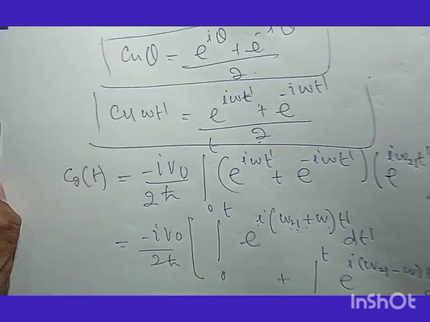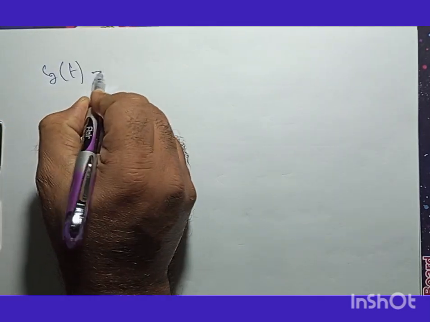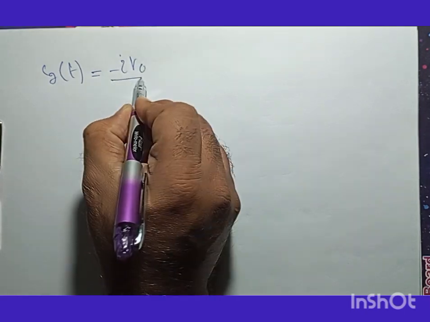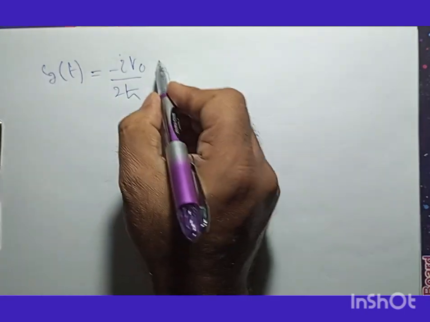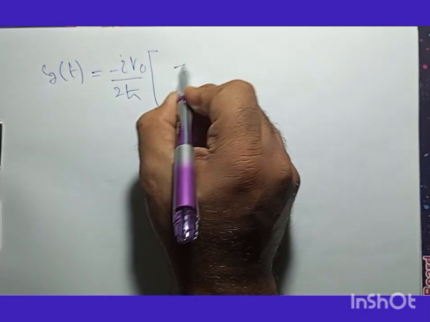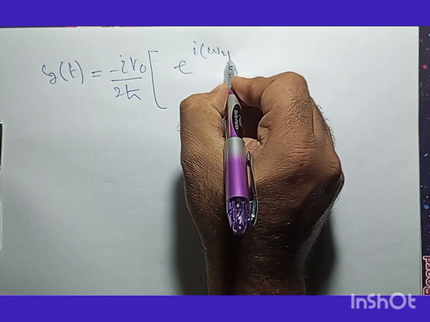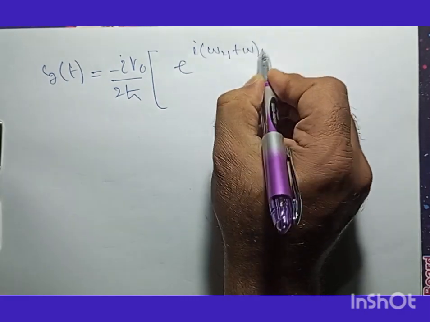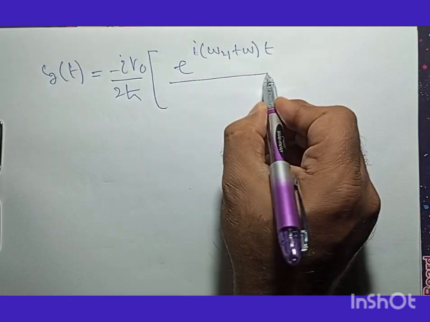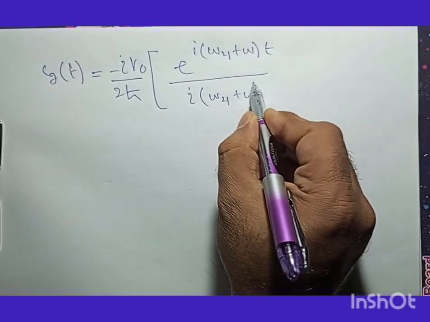What we'll obtain here is that C2 of t will come out to be minus i V0 by twice h bar, and once we integrate it, we get e to the power of i (omega21 plus omega) times t, this is our upper limit, minus 1, the lower limit, divided by i (omega21 plus omega).